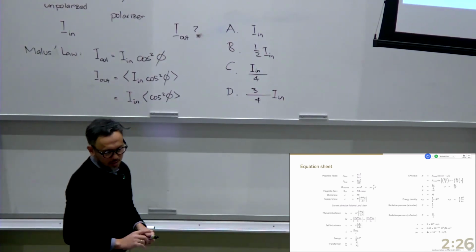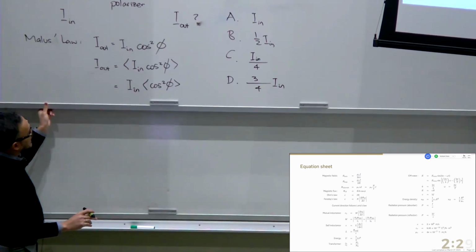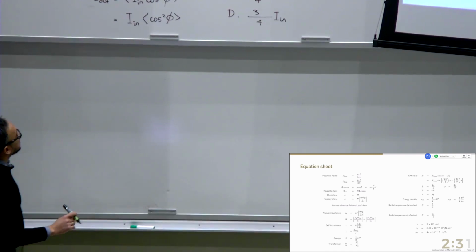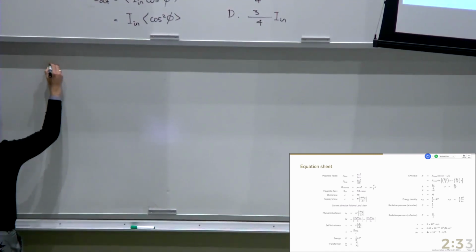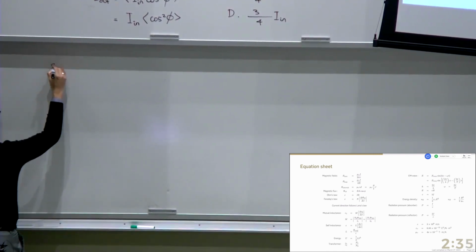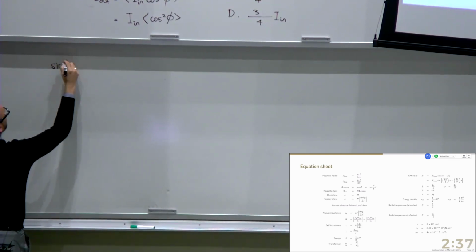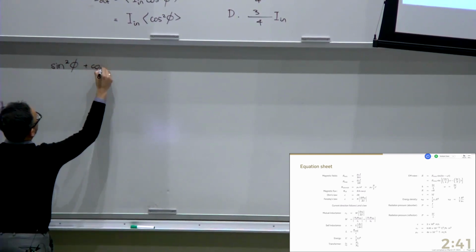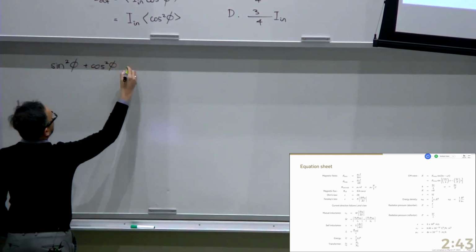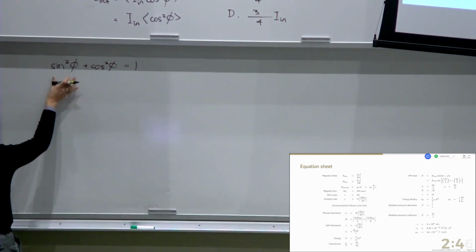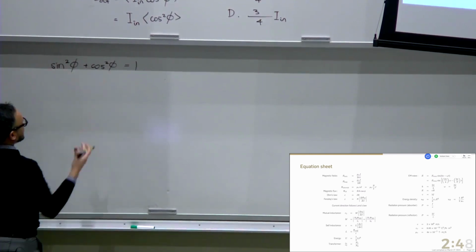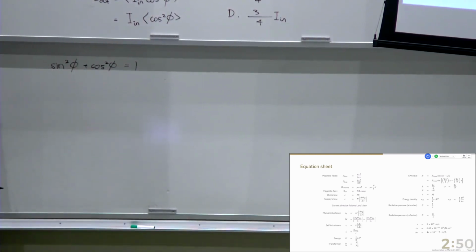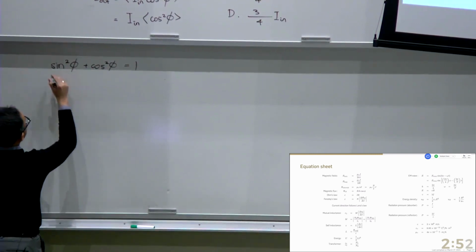that cosine square phi is equal to 1/2, or one way to remember it is, I asked you like 2 lectures ago, many of you know that sine square phi plus cosine square phi is equal to 1. And these two functions are symmetric but shifted by 90 degrees.